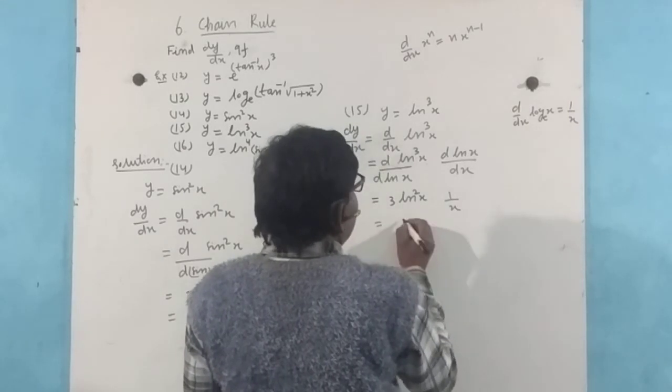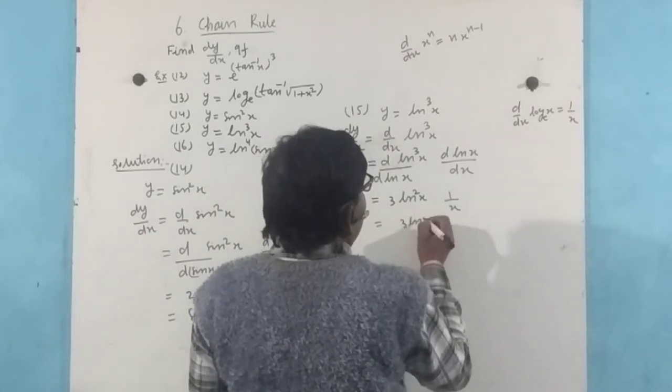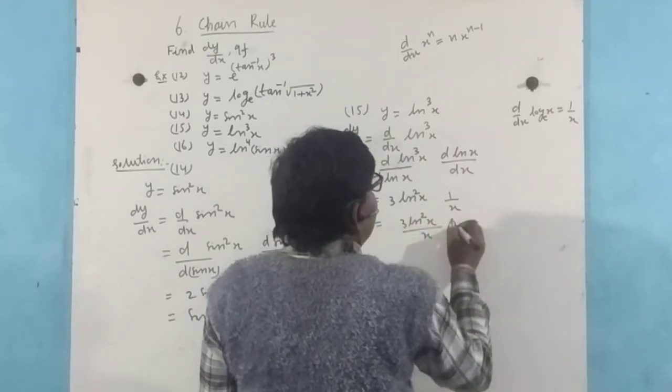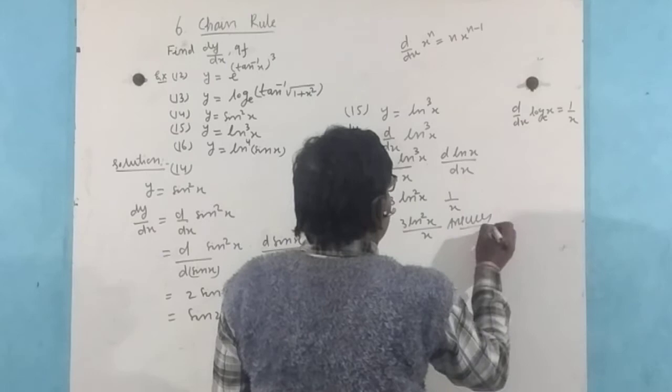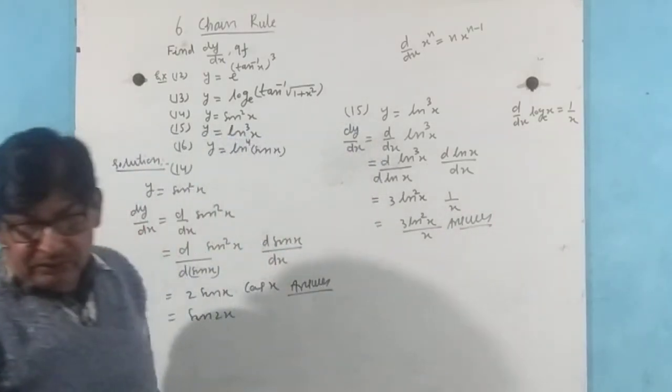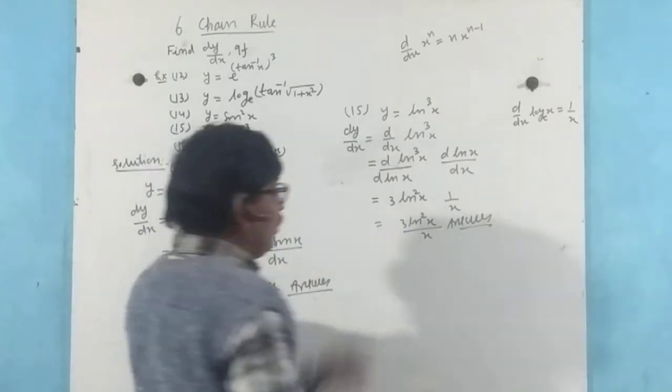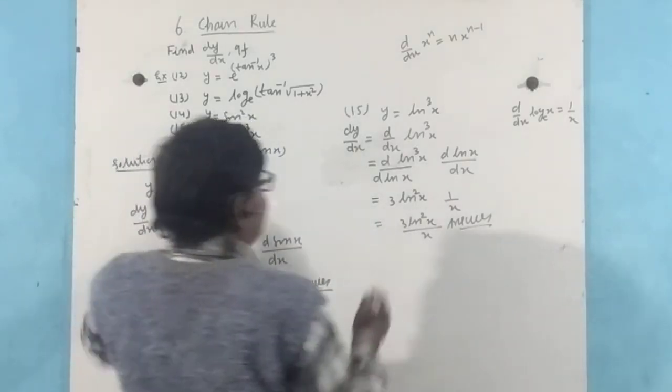It can be written as 3 ln square x divided by x. This is our answer: 3 ln square x divided by x.